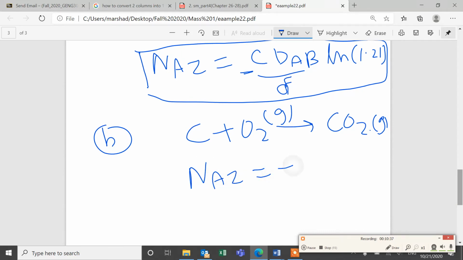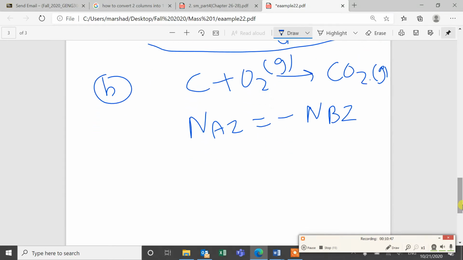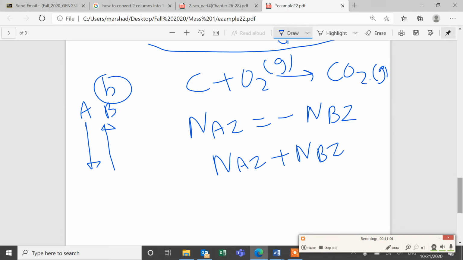NAz equals minus NBz. So this is a reaction, but this becomes equimolar counter diffusion. A is diffusing in, B is produced but is diffusing out. So NAz plus NBz equals 0.